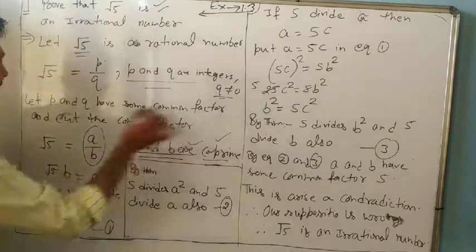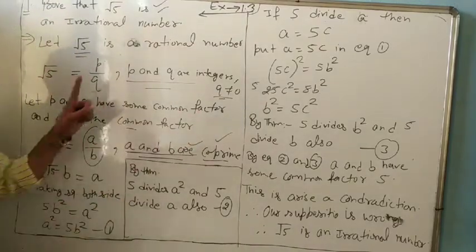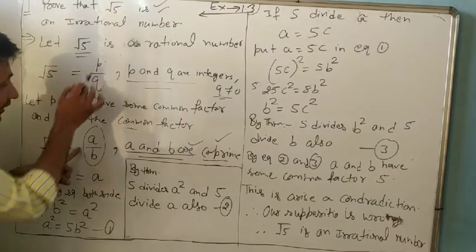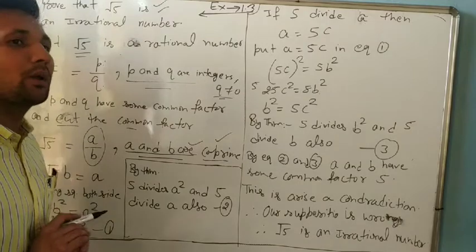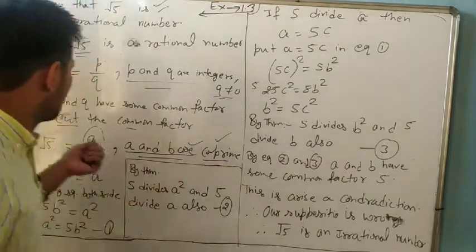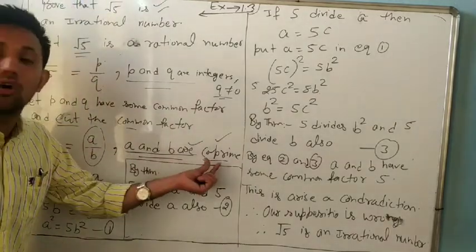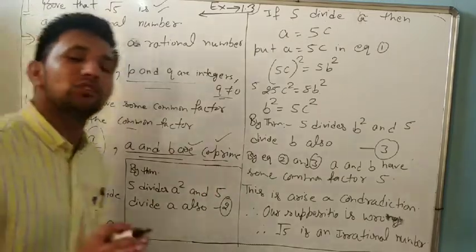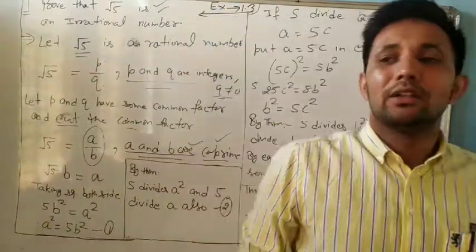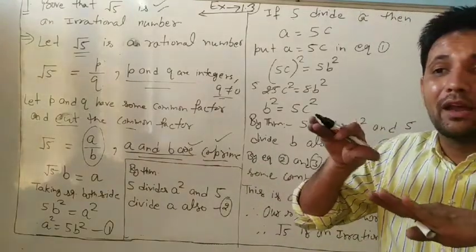So we cut the common factor, and after cutting the common factor we get new numbers A by B. These are called co-prime because they have no common factor. What is co-prime? I already told you: two numbers that have no common factor.